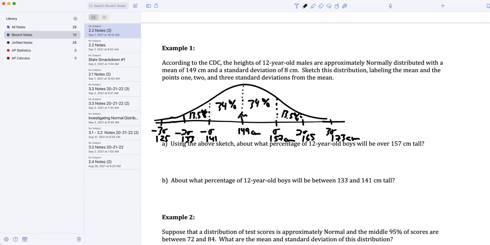Then it goes from 95 to 99.7, so there's going to be 2.35% there and 2.35% there. Above 3 standard deviations, since there's 99.7 within 3, that's going to be 0.15%, and below is also 0.15%.